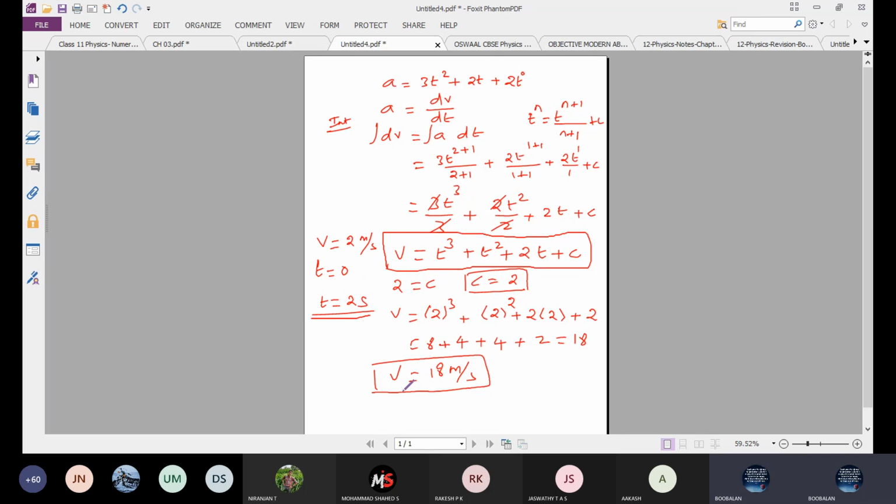What is a scalar? What is a vector? Types of vectors, examples of vectors, examples of scalars. Next, formulas: dot product, cross product, relevant formulas, resultant vector formula, R equal to root of A square plus B square plus 2AB cos theta. So in this formula, just revise and be ready for the test.